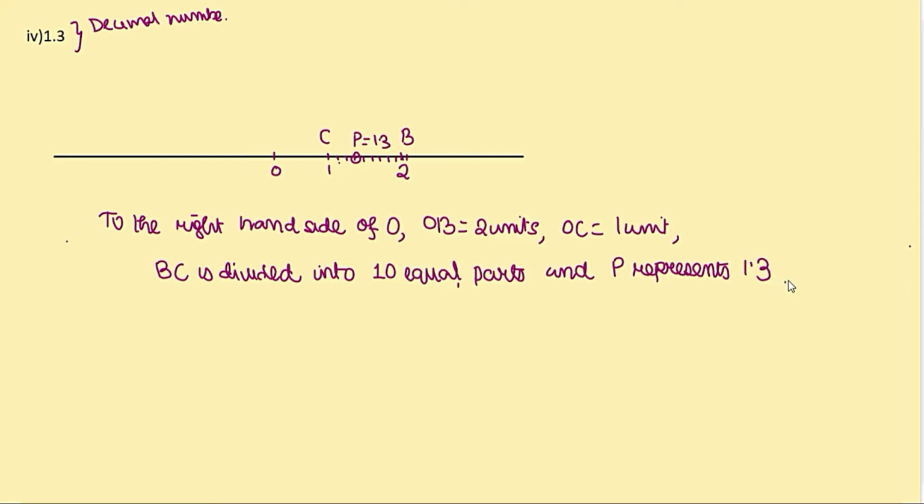Okay, so the fifth sum is minus 2.4. Now this is also a decimal number but a negative decimal number. So obviously, whatever you do, it should be on the left hand side of 0. Okay. So as usual, let's mark it as -1, -2 and -3.